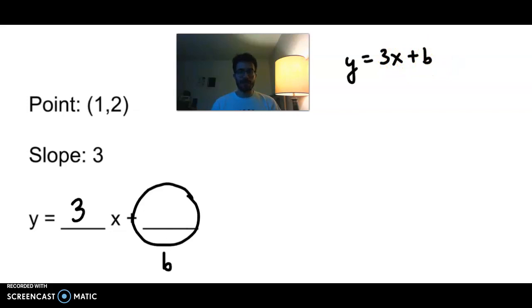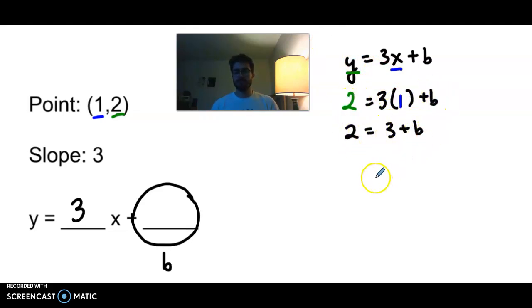Since I'm given a point, I'm given the x and the y. I can just plug those in, and then I can solve for b. So instead of y, I'm going to put 2. And then instead of x, I'm going to put 1. And then I solve for b, so I get 2 is equal to 3 plus b.